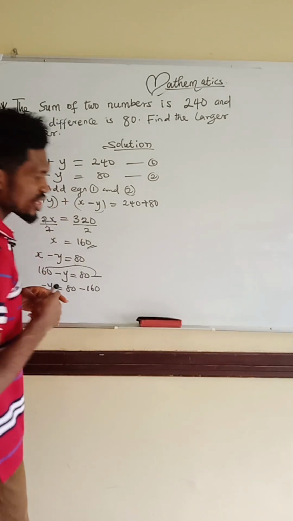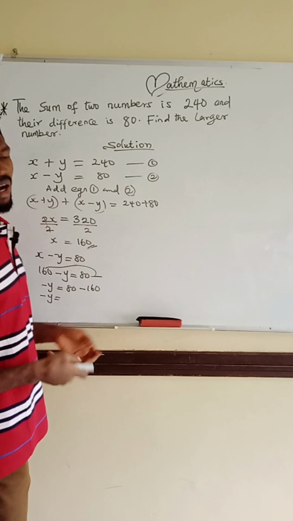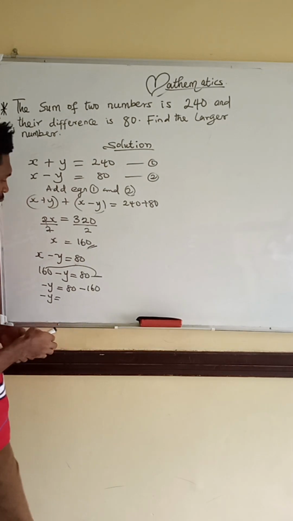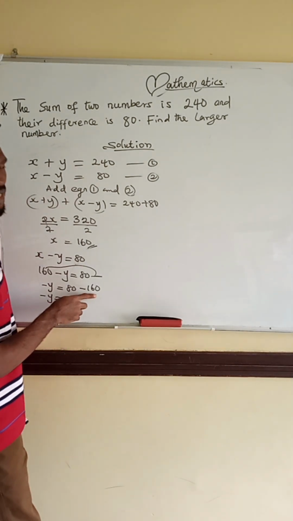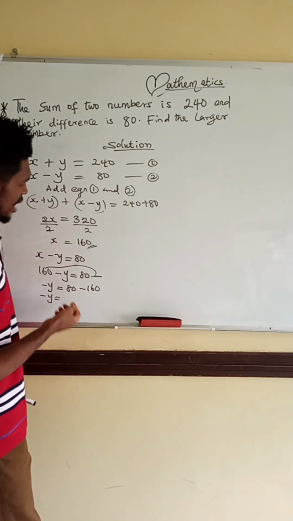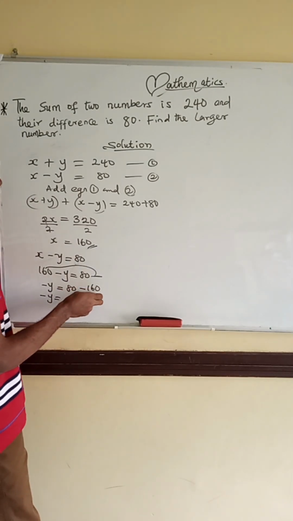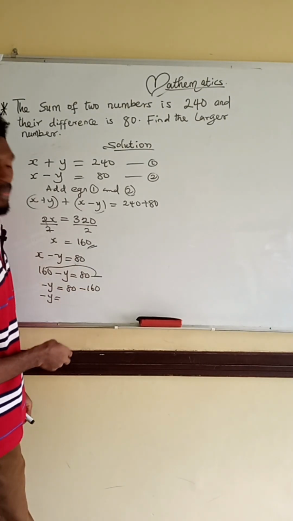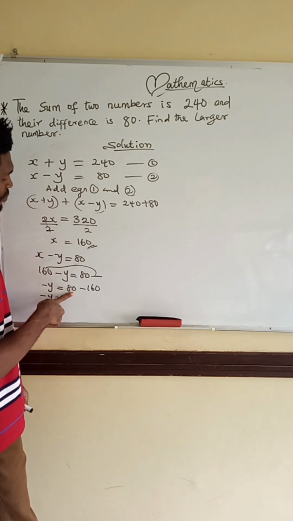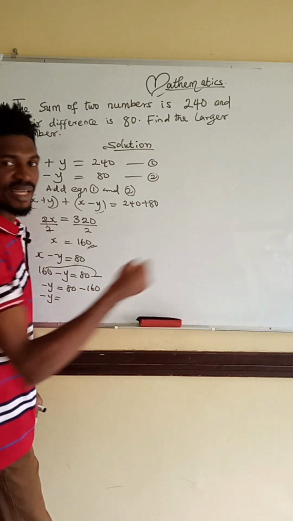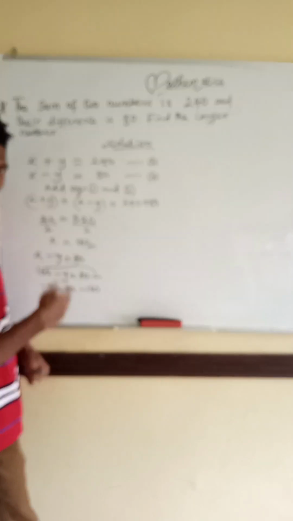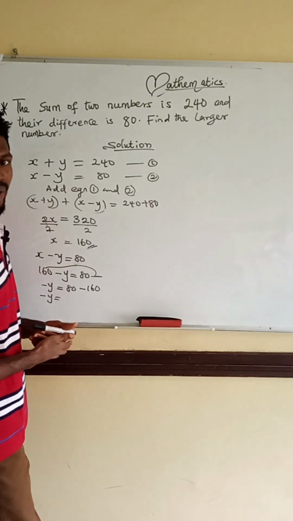Now, this is a bit tricky, but it shouldn't be tricky at this level. I've taught this several times. When you have a negative number, it is where you are owing. When you have a positive number, it is where you have. Supposing you are owing 160 naira and you pay 80 naira, the person is expecting you to pay the remaining balance later on.